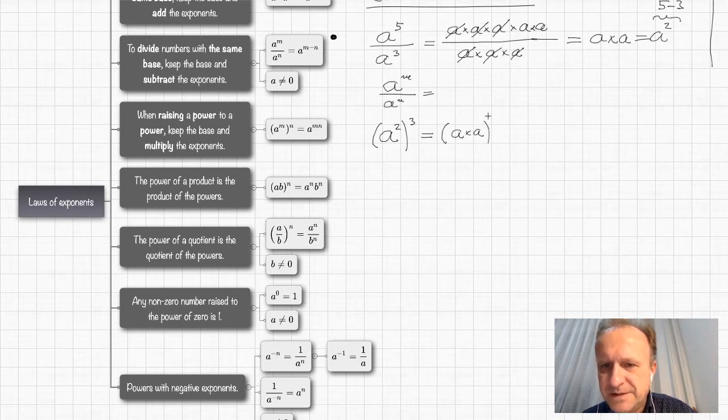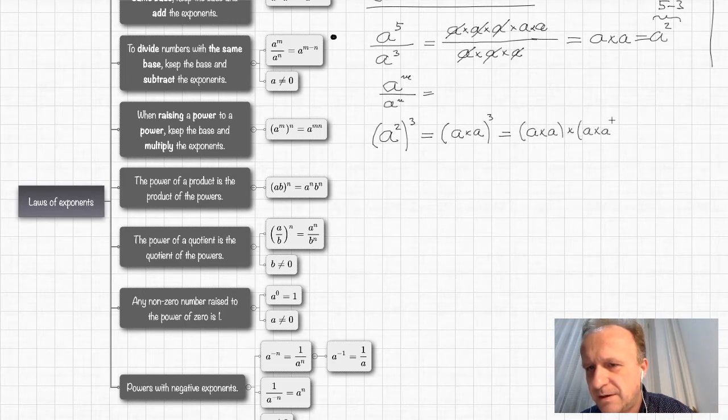And this is raised to the power of 3. So what do we do when we raise something to the power of 3? We have to multiply it by itself 3 times. So we have to multiply a times a, then times a times a, and that times a times a.